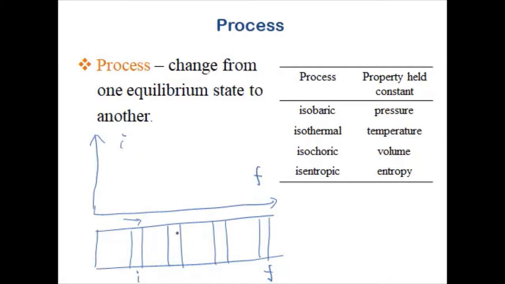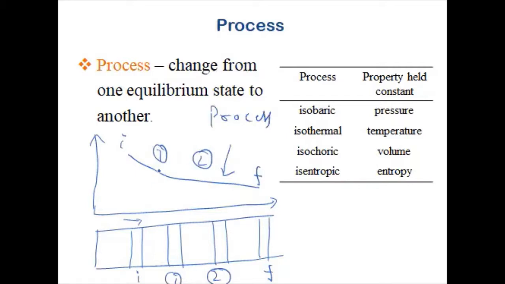Let's say this is 1 and this is 2. If we draw a path here, that path is known as the process.